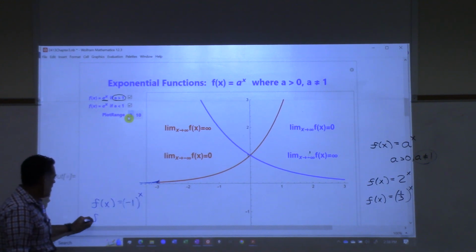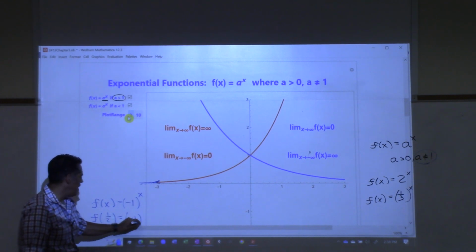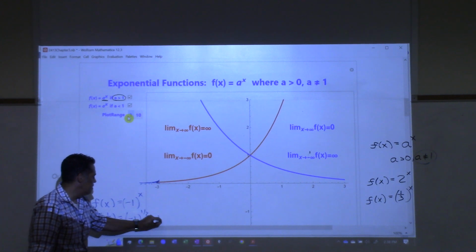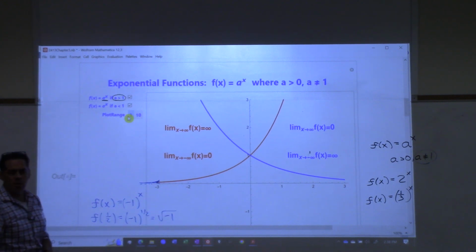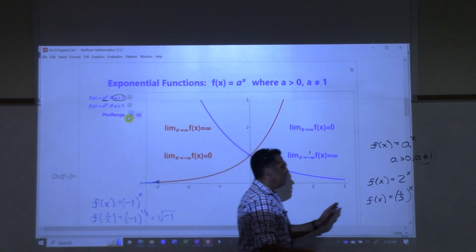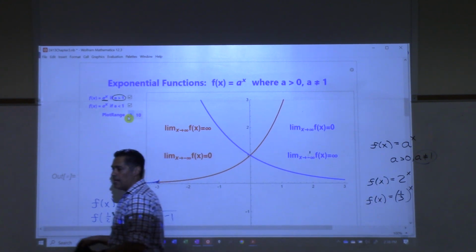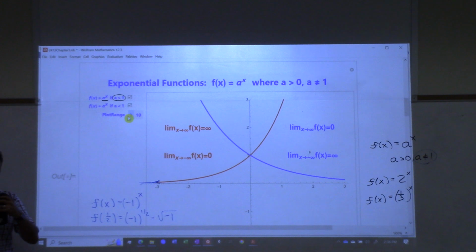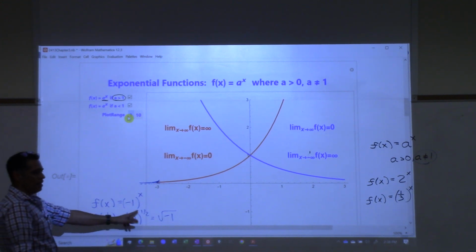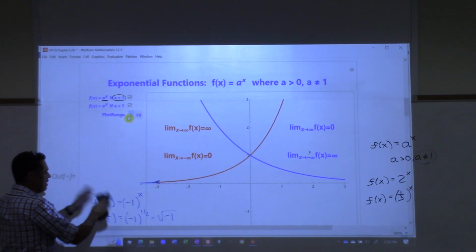And then I ask you right now to plug in a half. Then this would be -1 to the half power, which is the same as square root of -1, but what's square root of -1? Well, that's a problem, right? So we just totally throw out all the possibilities of having a negative in the base, and we categorize any function that has a base that is positive, but not 1, as exponential functions. Mathematicians do look at this, but just in terms of what an exponential function is, we don't think about this.